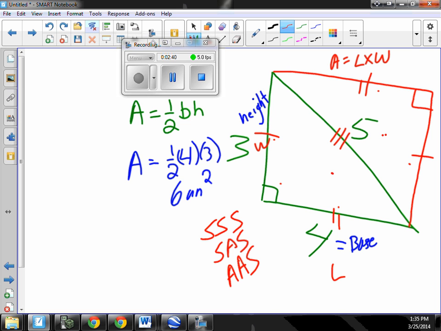Well, I know that the top and the bottom are parallel. So those angles, let me be more specific. This angle and this angle are alternate interior, so they're the same, which means that those are the same. So angle, side, angle.